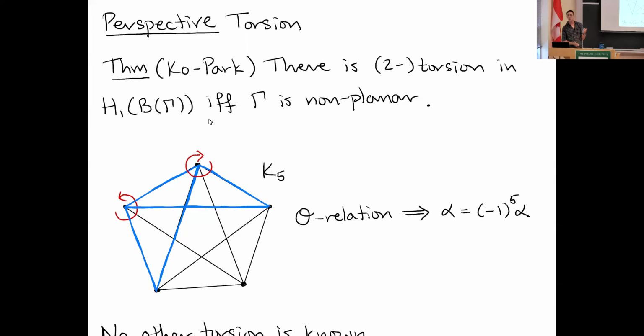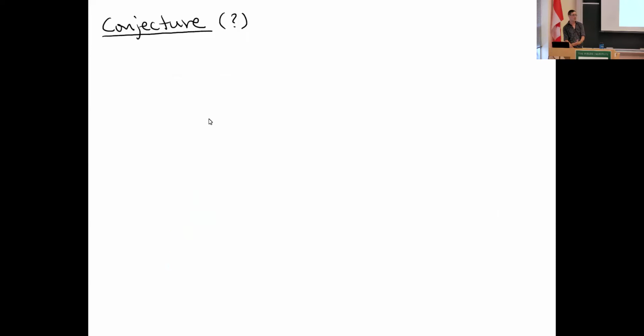And this example is the only example that is known of torsion in the homology of graph braid groups. And there are no examples known of torsion in the homology of pure graph braid groups. So this is a giant mystery, which has led some people to conjecture, I haven't, I think it's not supported by calculation, that the homology of graph braid groups has no odd torsion at all. How could there be any?